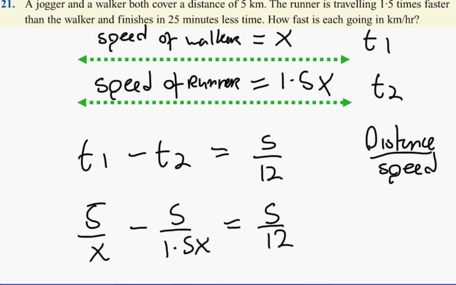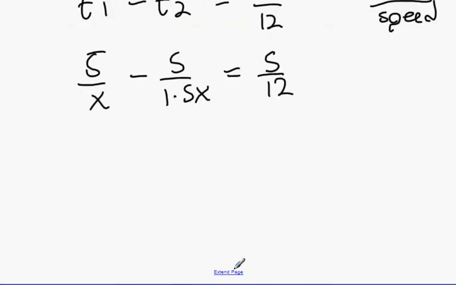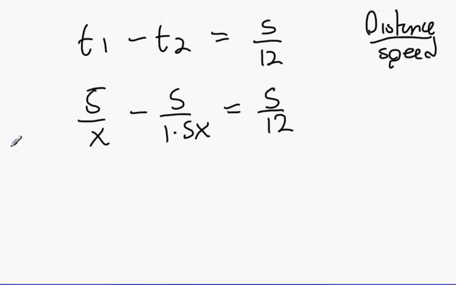Now the problem here is they both have x in them. So what we need to do is our 3 lines would probably be the best way to do this, and just get a quadratic equation out of it. Okay, so let's go 1, 2, 3.